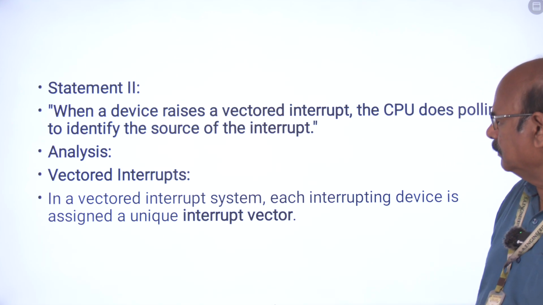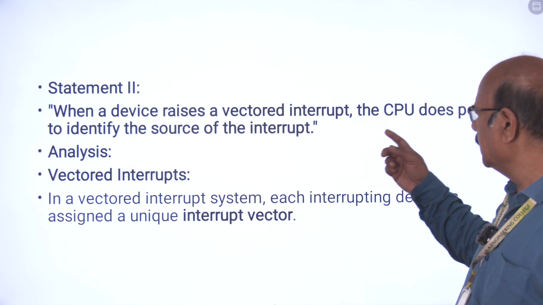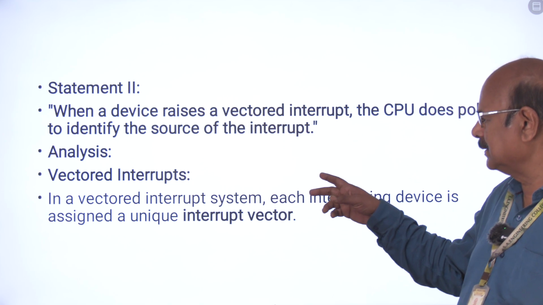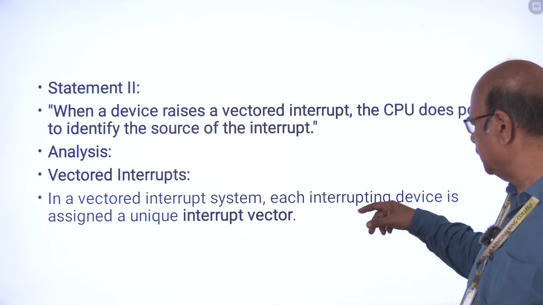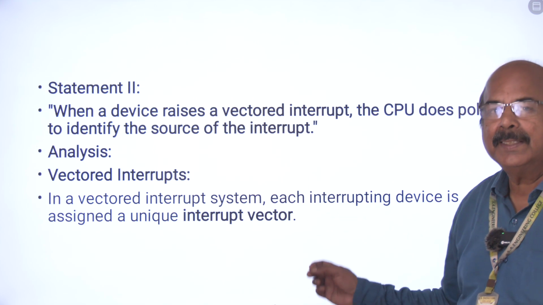Statement 2: when a device raises a vectored interrupt, the CPU does polling to identify the source of the interrupt. What is the analysis here? In a vectored interrupt system, each interrupting device is assigned a unique interrupt vector.